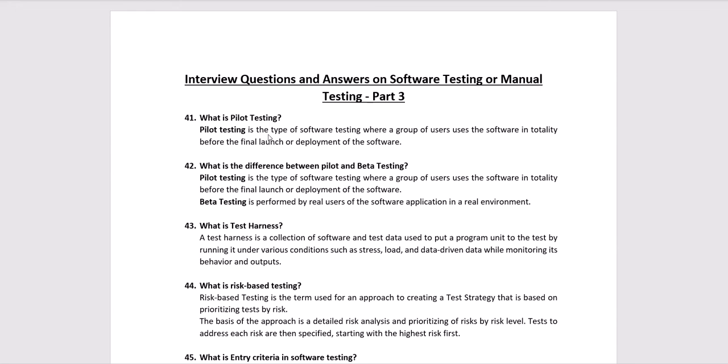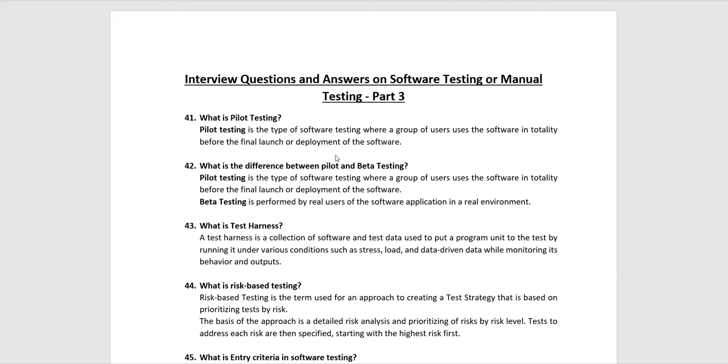So starting with the first question here, what is pilot testing? We already have one video on the pilot and beta testing difference in our tutorials on manual testing. So here we will just see the basic definition of pilot testing. Pilot testing is a type of software testing where a group of users uses the software in totality before the final launch or deployment of the product.